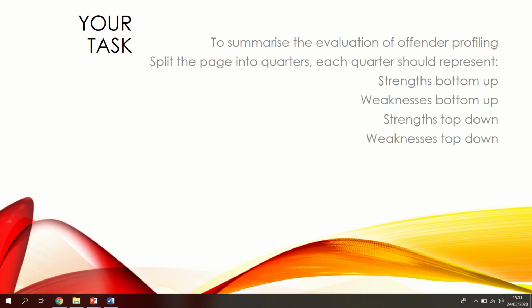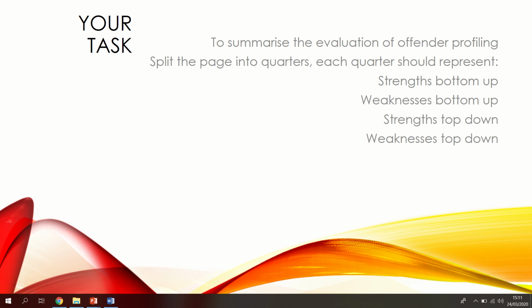I want you to summarise the evaluation of offender profiling from pages 81 to 85. You can do this in a Word document or in your booklets, but I want you to be summarising that and putting it on the document on Google Classroom.